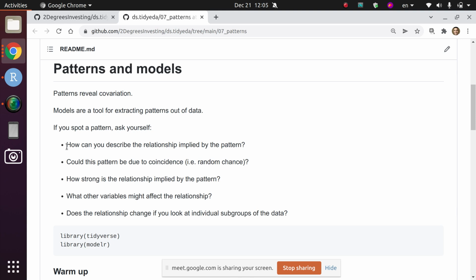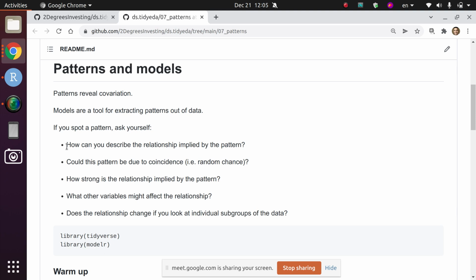Also, you may ask yourself if that pattern could arise just from a coincidence, from a random effect, or not. Then you may ask how strong is that relationship, and what other variables may be affecting that relationship.